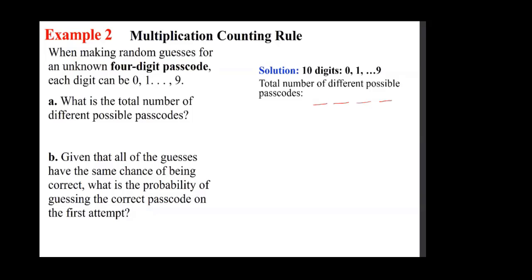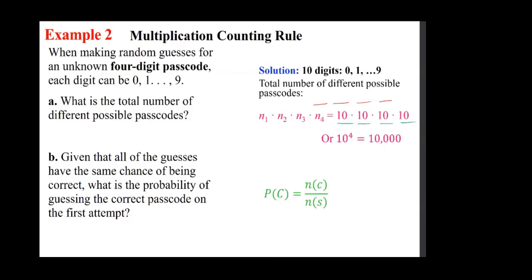If there are 5 of them, 10 to the power of 5, and so on. So 1, 2, 3, 4 different spots. So it's the simple case of the multiplication rule or the fundamental counting rule. 10 to the power of 4. Everybody has the same chance of being correct. So it's just simply 1 out of 10,000.